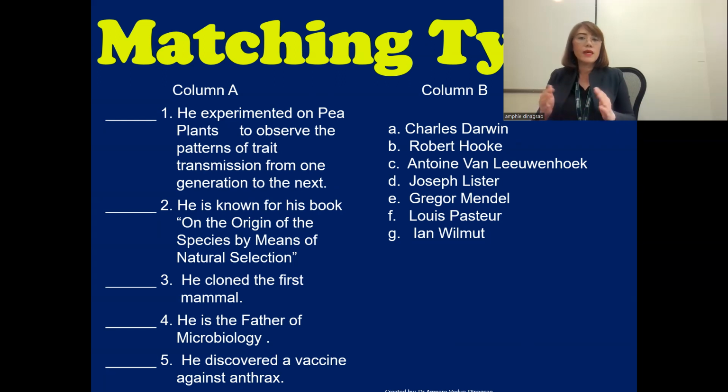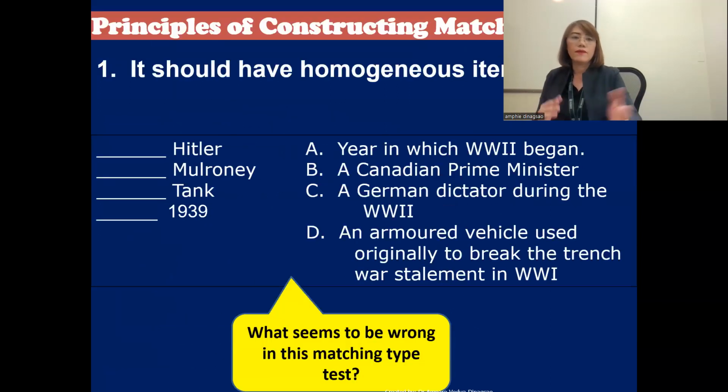In this example I have here, the list of scientists, and then in column B I have the description of their contribution or the highlight of their invention. Then this is a homogeneous item, meaning all names, all descriptions. And if you notice, in this one, you have what? You have year, you have name, you have equipment and all that.